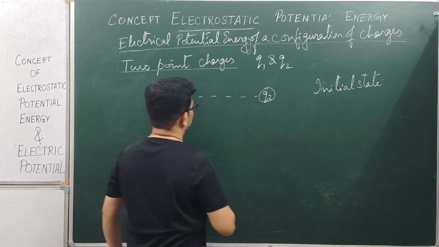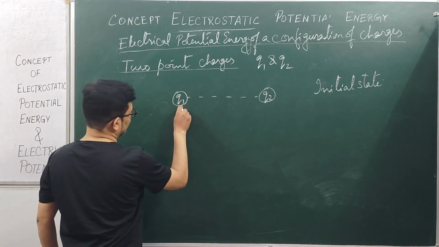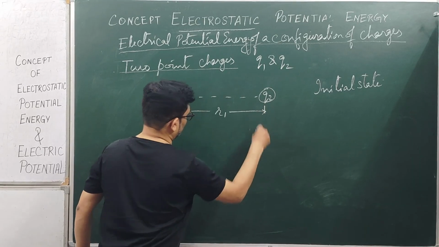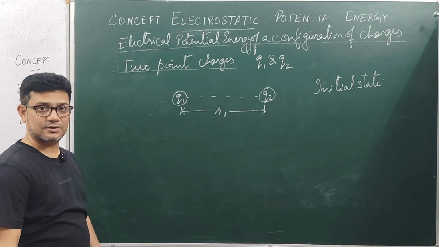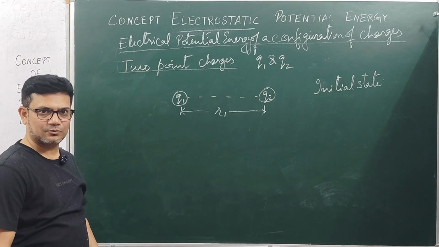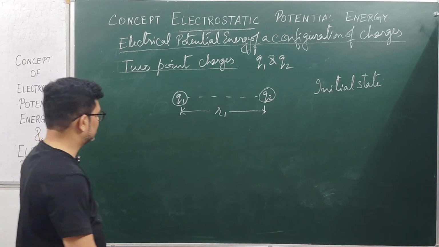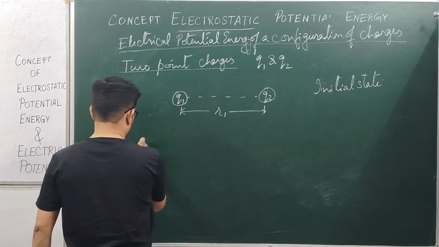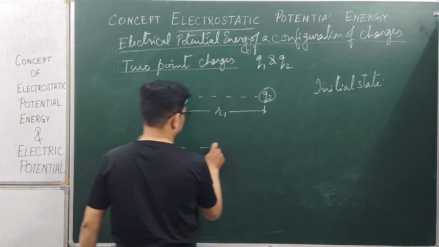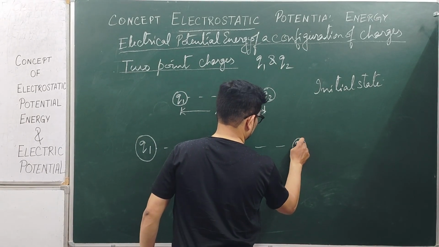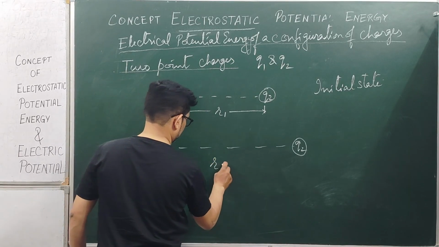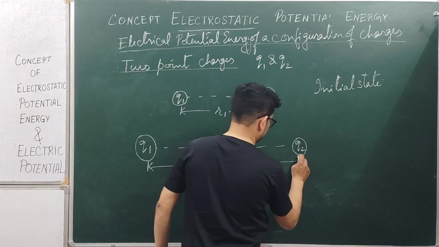By a 2 point configuration, we mean two charges are there, and suppose the separation is R1 initially. Now, when we apply the external force, there is a change of state, and now we are in the final state, and suppose the separation is R2.